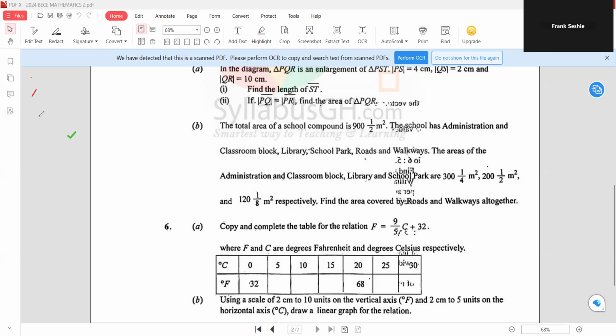So I can use X. Let X be equal to the area covered by roads and walkways.